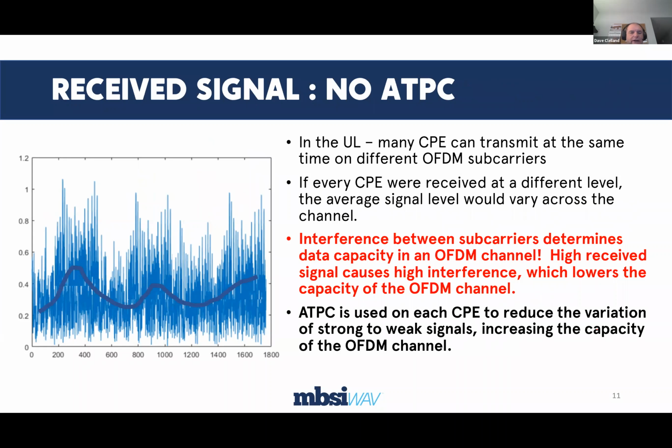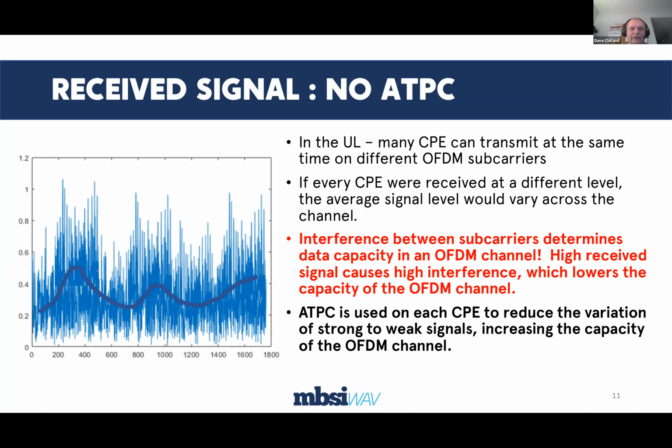Now, if we had no automatic transmit power control, we would see that the signal level would vary wildly across our channel. So here's another diagram of what a spectrum analyzer might see connected to the receiver that's receiving a signal from many CPE at the same time.